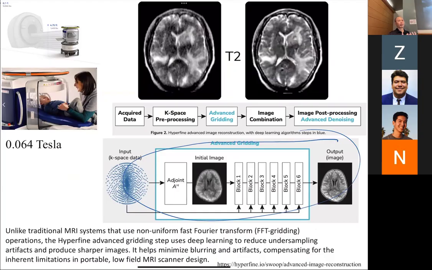It's got a really good prior distribution on your images, so it can see through artifacts and get rid of them for you. For example, going from one generation of software to the next, with the same data but better software, you can get a better image. That's been really important for these cases where the input data is not of high quality, but you can make up for it with better reconstruction, making better use of the information you have.